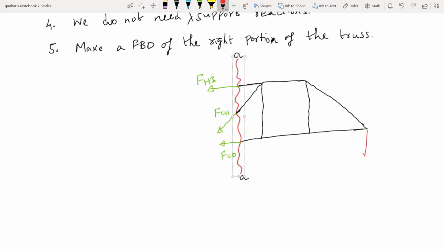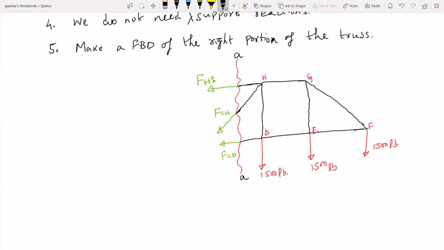This is 1,500 pounds. This is also 1,500 pounds. This is also 1,500 pounds. So these two, this is D, this is H. Okay. And if you write down this, it's E, this is G, this is F. Okay.